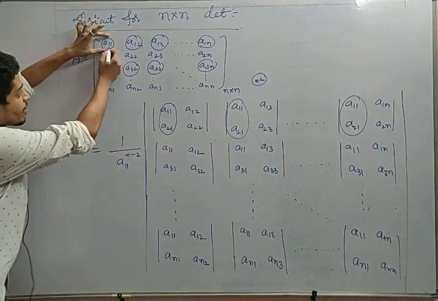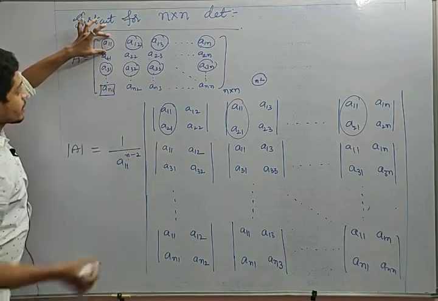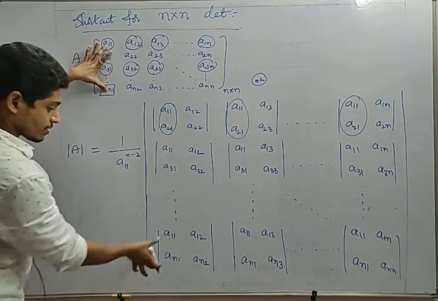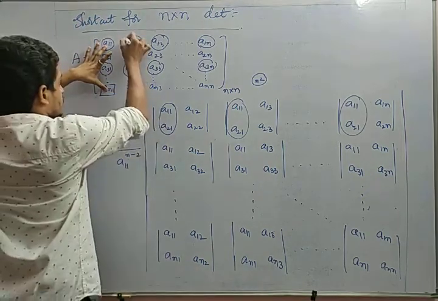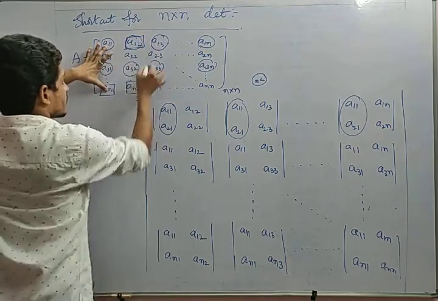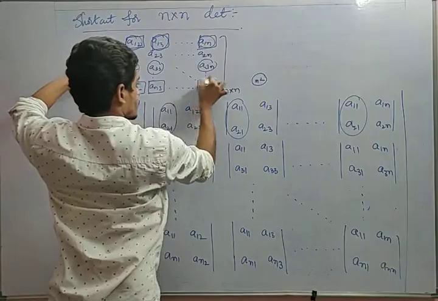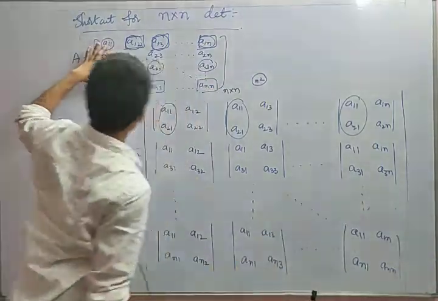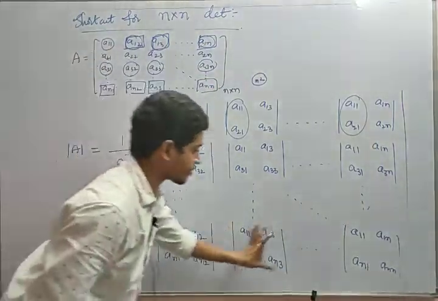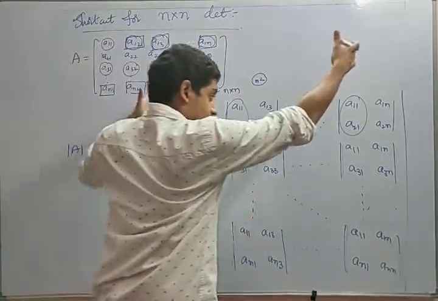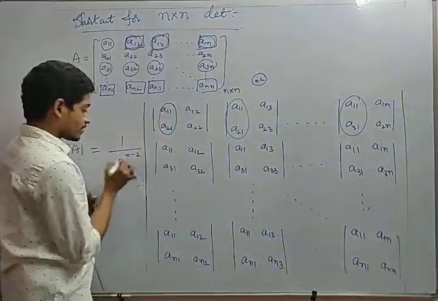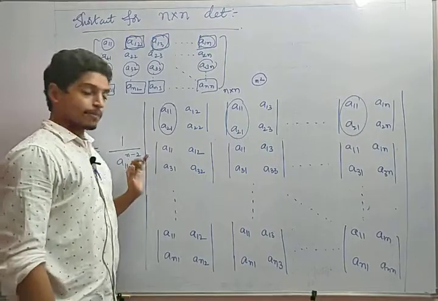Finally, A11 and An1, right? Keeping these two elements constant, shift these two, this one and this one. Next, this one and this one, correspondingly. Keeping these two elements as constants everywhere. Okay, friends, and finally find the determinant and multiply it with 1 by A11 power n minus 2.